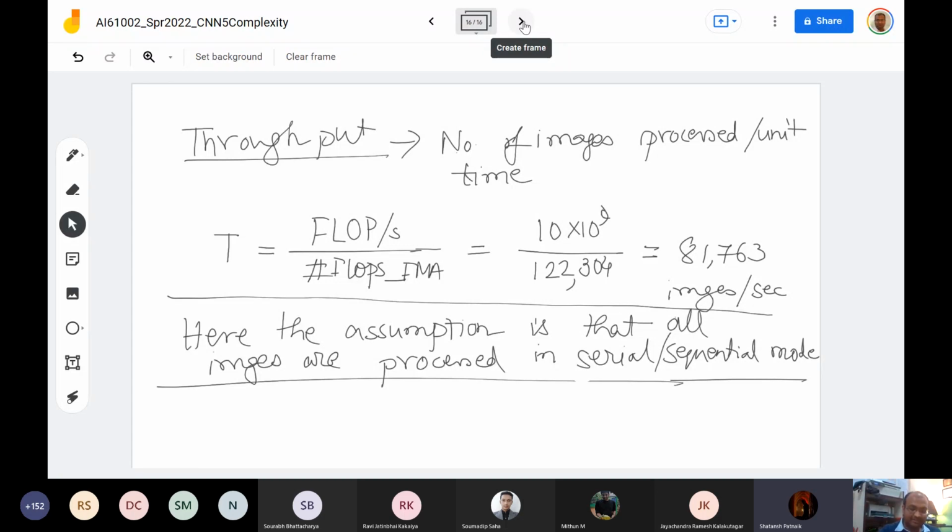But that's something where we will need to go deeper into the parallel hardware implementations, which is not part of this syllabus. I'm trying to give you a glimpse of how it happens in most modern systems. For that, you will have to take one of these deep learning hardware acceleration courses.